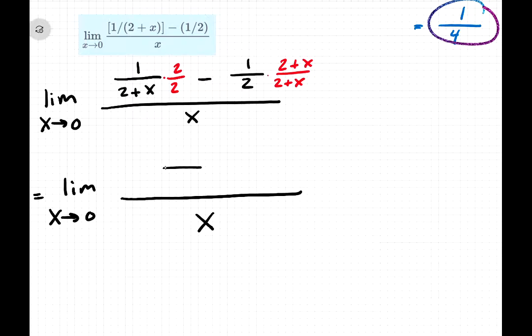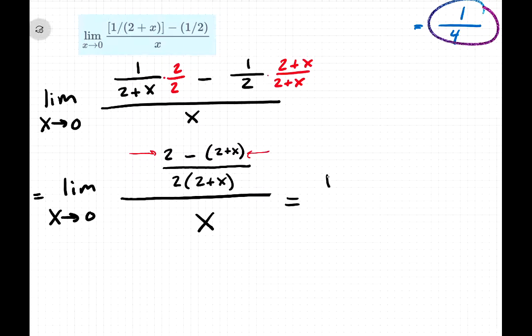We got a common denominator on top of 2 times 2 plus x. And on this first fraction we have 1 times 2, so that's a 2. Second fraction, we're subtracting a 2 plus x.